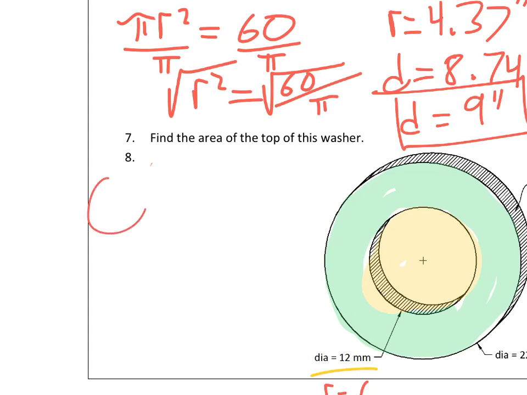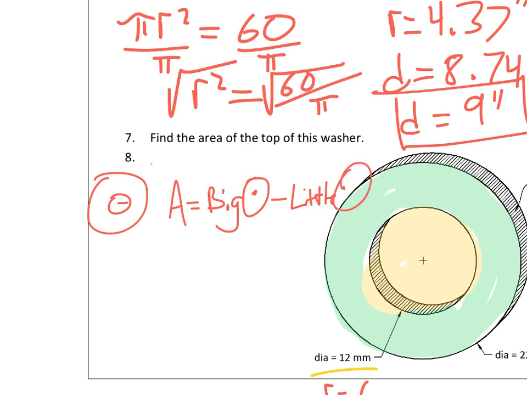We've got a big circle minus a little circle. All right. So the area is going to be big circle minus the little circle. All right, so there's my little formula for myself.